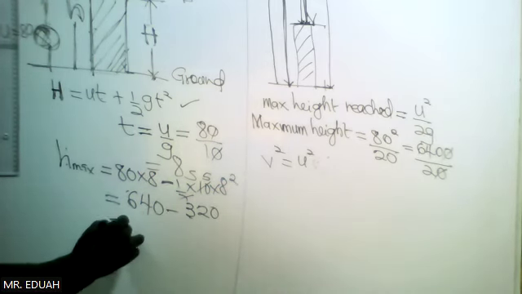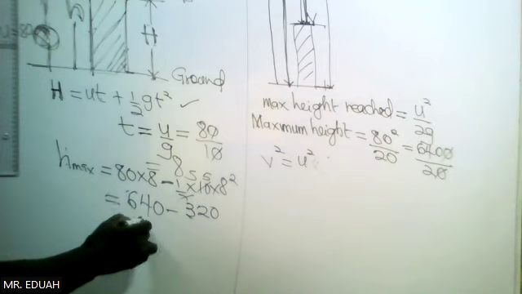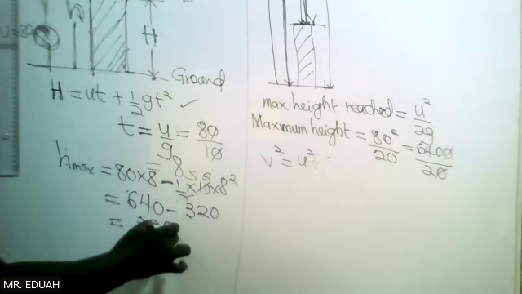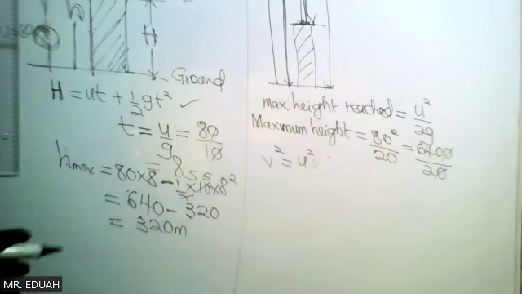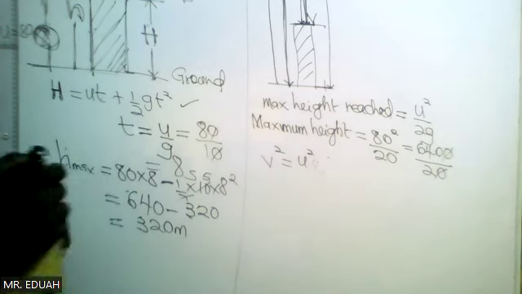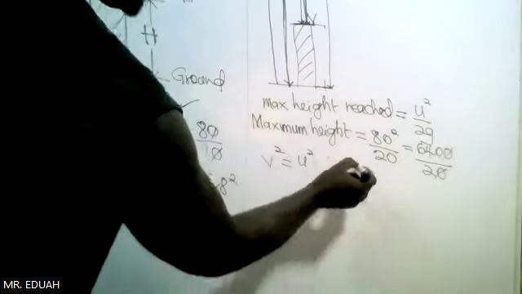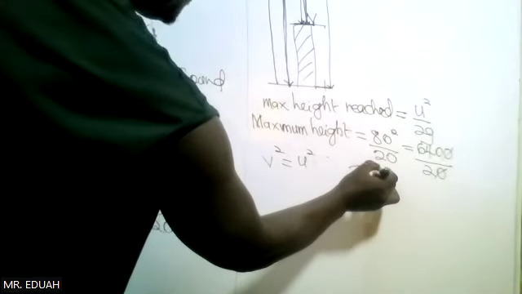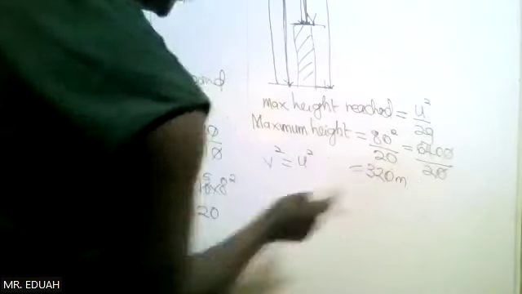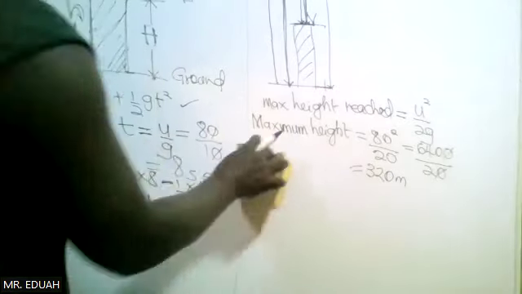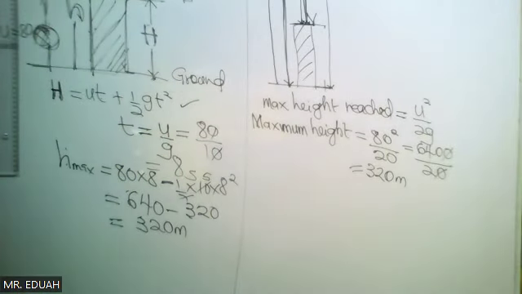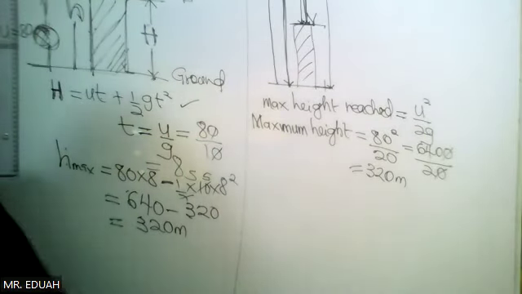So this must give us 320. Then this is also 640 divided by 2. So this is also 320. So both situations are giving us the same results.